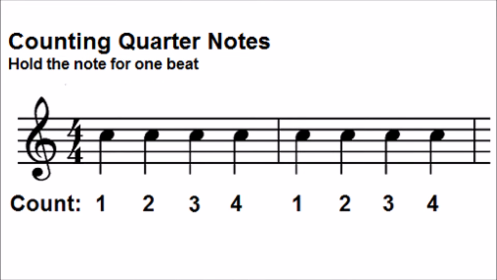This note has a value of 1. It receives 1 beat or count. 4 quarter notes equal the value of 1 whole note. 2 quarter notes equal the value of 1 half note.